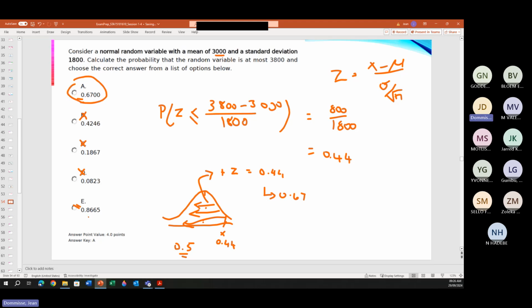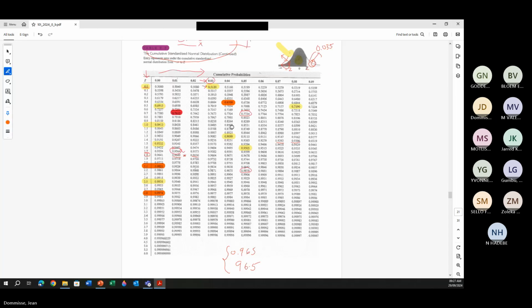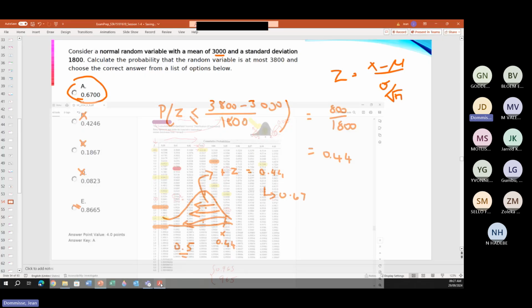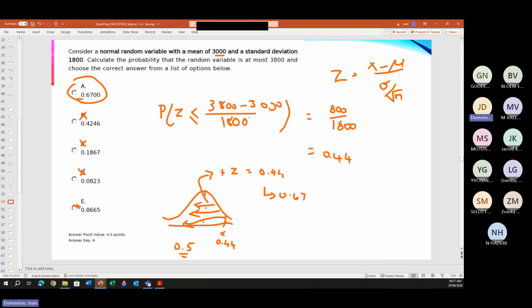I just want to quickly check the 0.8665. So 1.1. How would we have gotten to that 1.1? Okay, so that is just using the Z formula to get to a Z number.